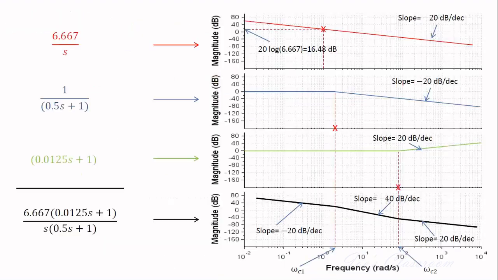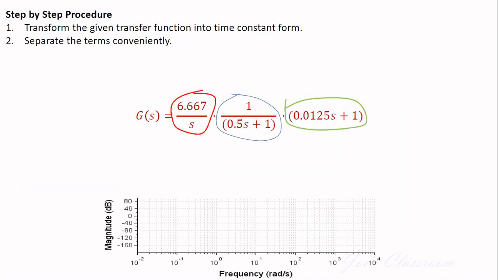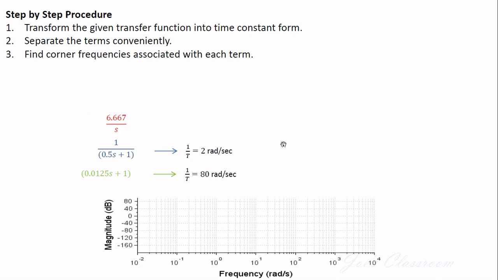If you look at this, you should be very clear that the term which has the lowest corner frequency starts contributing to the gain first. Therefore, if I have two different terms, I should consider the term which has the lowest corner frequency first.